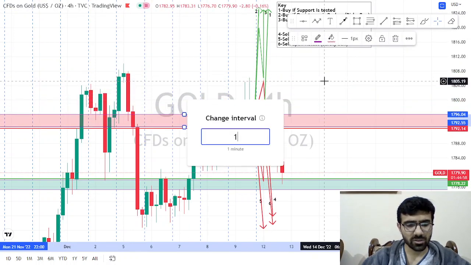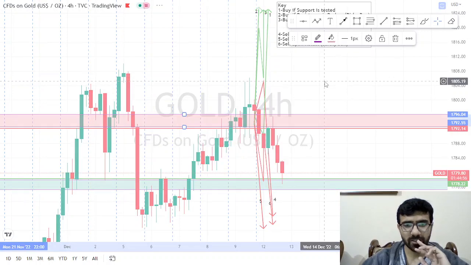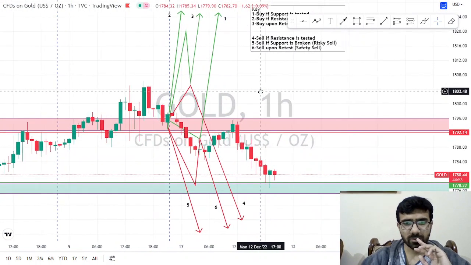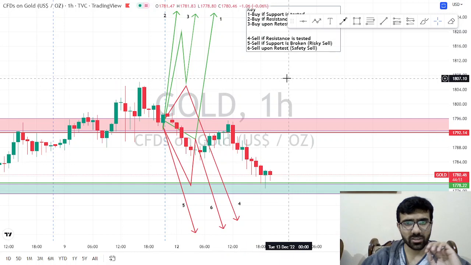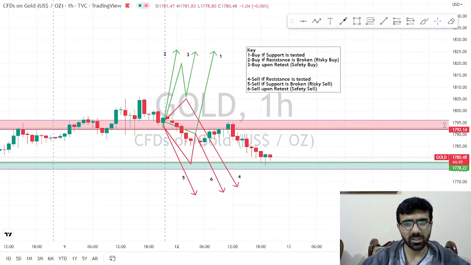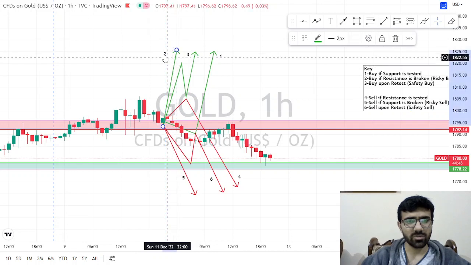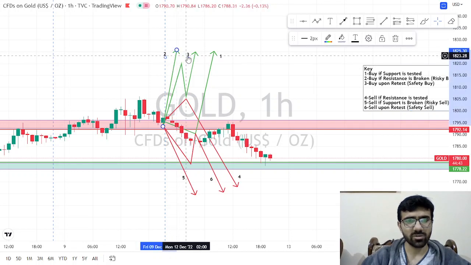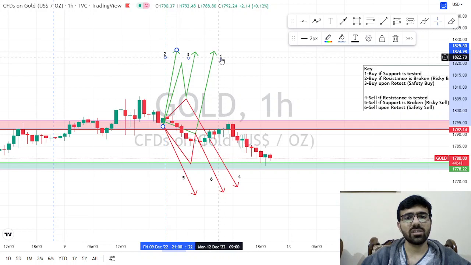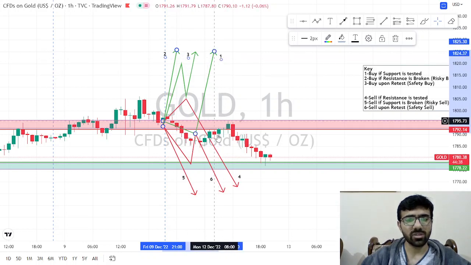Yes, so now let us open the 1-hour chart. Okay, now you guys can clearly see that both areas have been marked in a brilliant manner. Let me move these key scenarios forward so you guys can easily understand how to trade this pair tomorrow.